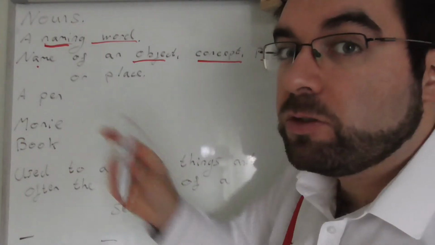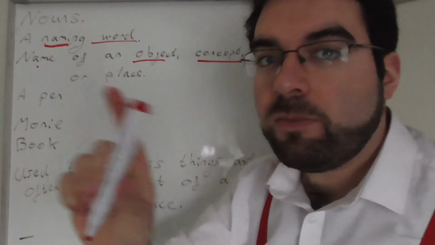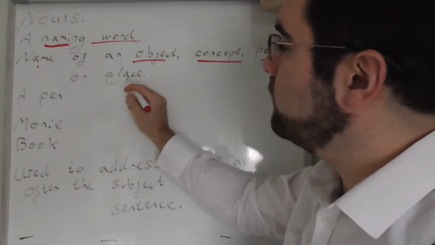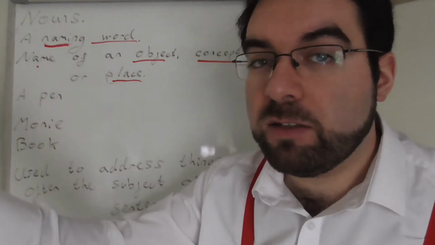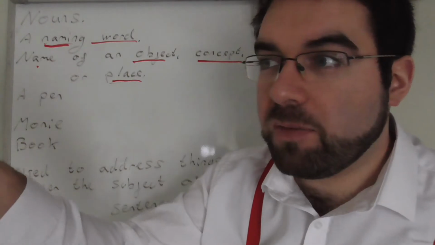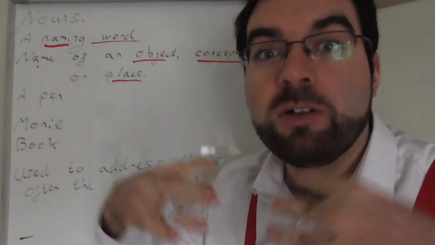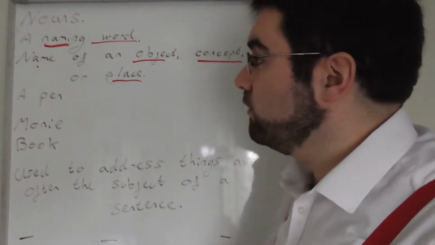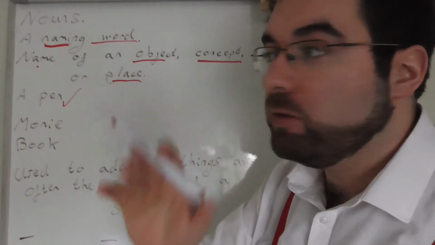Person, so Tom, Monie, James, Adrian. Or place. London, Paris, New York, Berlin, Pyongyang, Cape Town, Abu Dhabi, Luxor, Cairo, and beyond. So, some nice examples. A pen, very good.